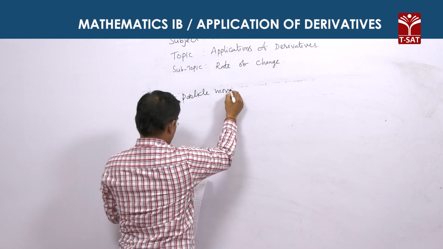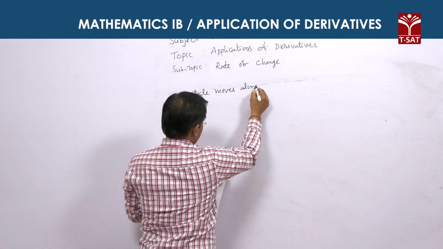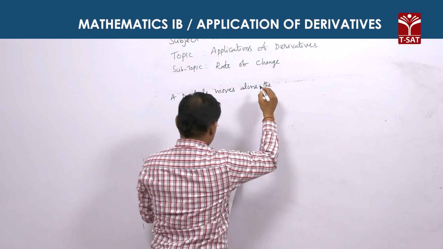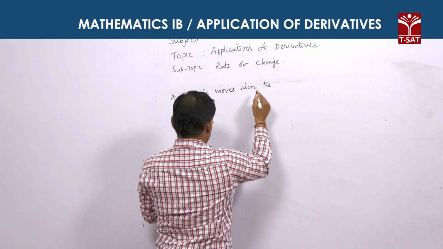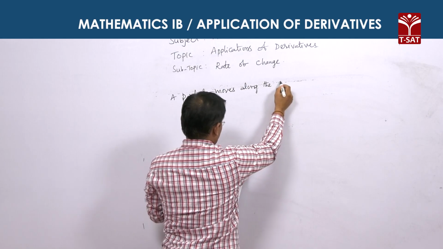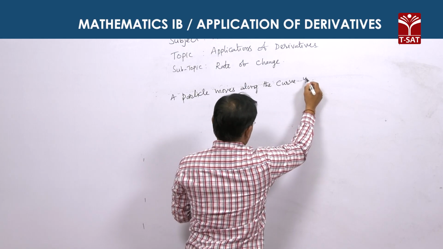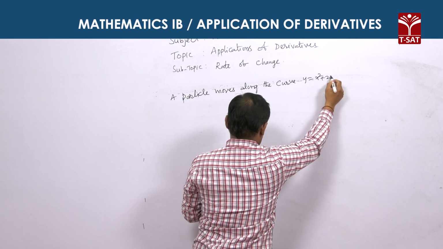Next question. A particle moves along the curve y is equal to x square plus 2x.